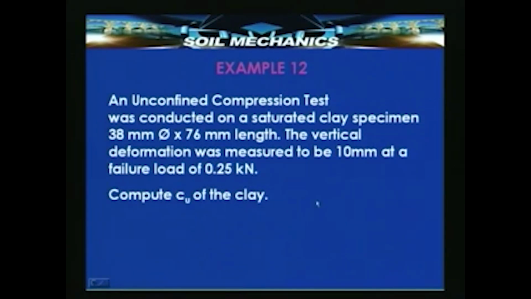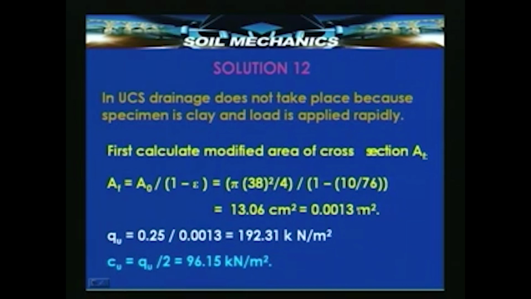In order to compute Cu of this clay, all that we need to know is the final area of cross section corresponding to the vertical strain, and then the load divided by the final area of cross section gives you the unconfined compressive strength of 192.31 kilonewton per meter square and the corresponding cohesion of 96.15. Now, we will probably take a look at the vane shear test in a subsequent lecture.